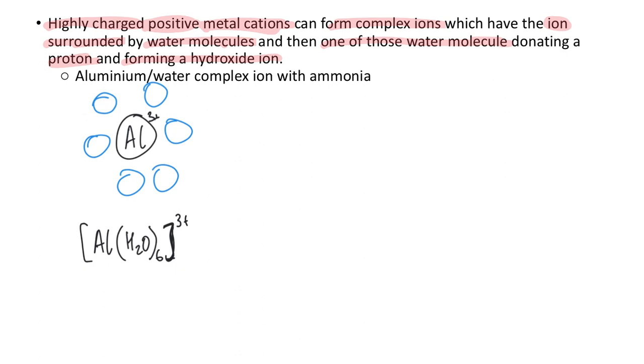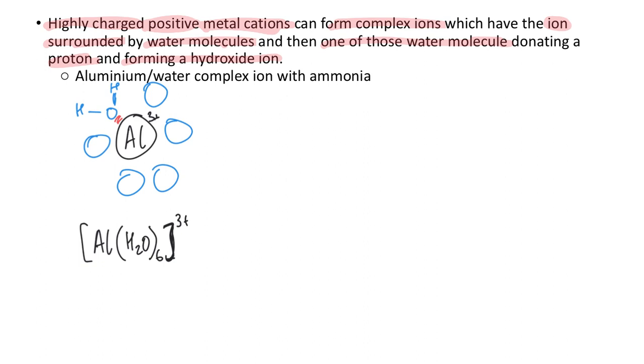Because all these waters are highly attracted to it, and if you wanted to draw out one, you should know which way they go. The oxygen goes in towards the center because it's the negative part of the molecule, right? And it forms a ligand with the ion. And so that's that particular orientation.